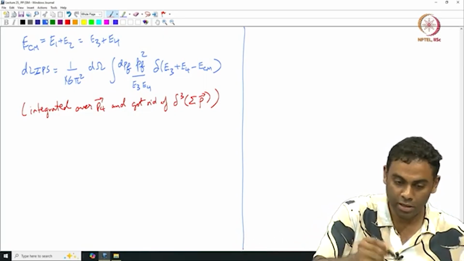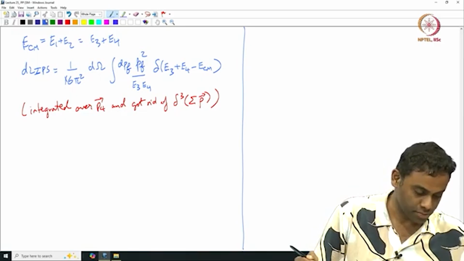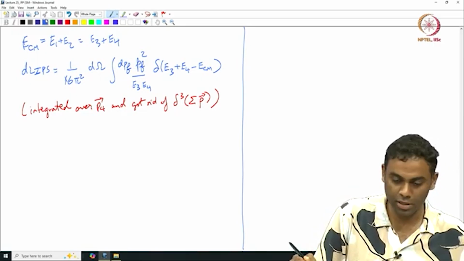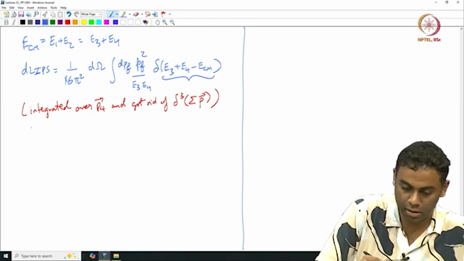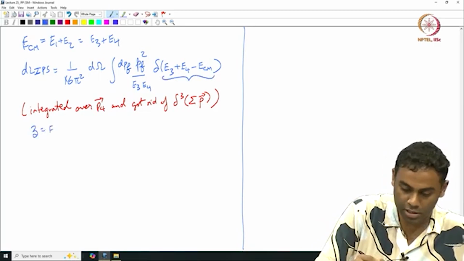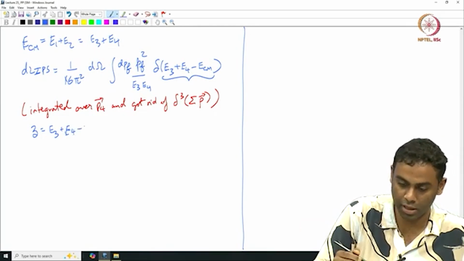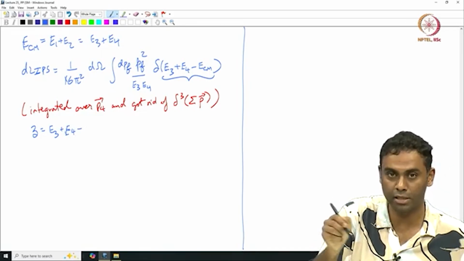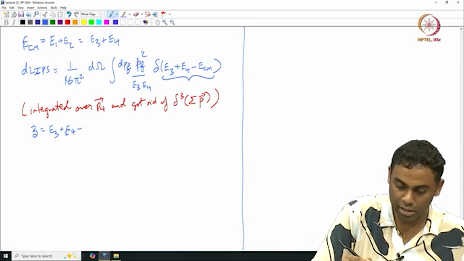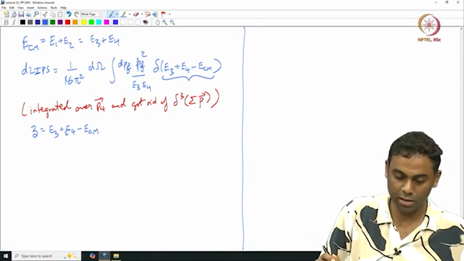Now again, to simplify this further, let's switch variables a little bit. This thing, right, let me call that some z. You will see in a moment why I am doing this. Otherwise this integral is very hard to calculate, right. I have a PF here. There is a relation between PF and E3 and E4, but it is not very obvious what that is.